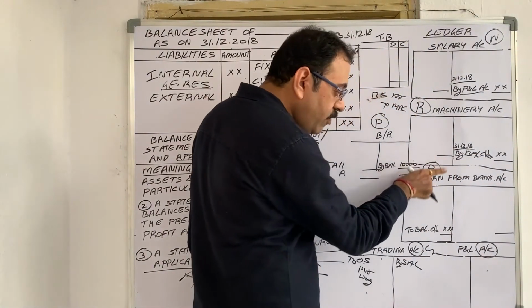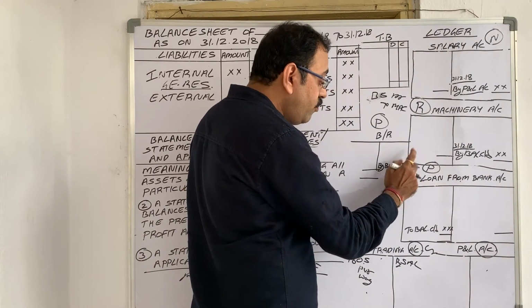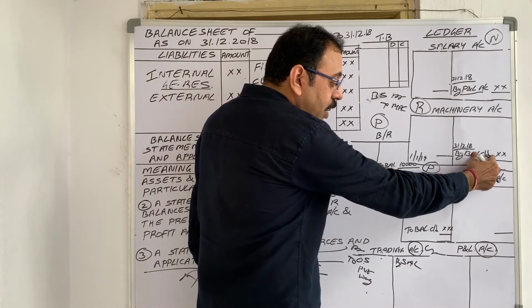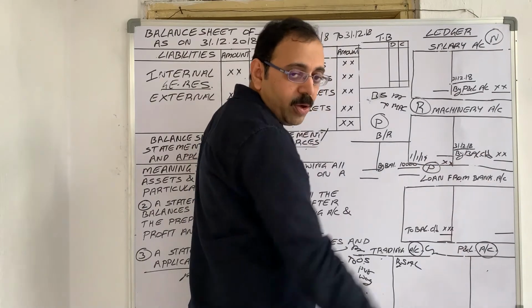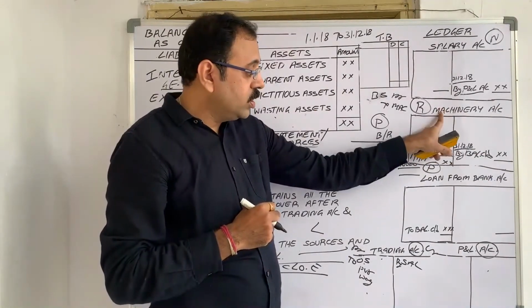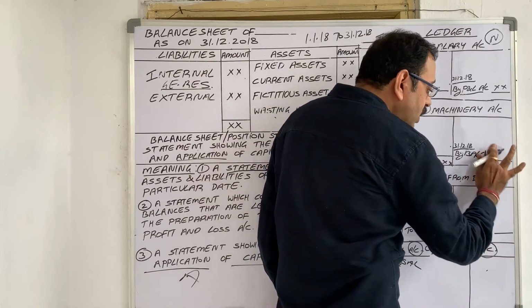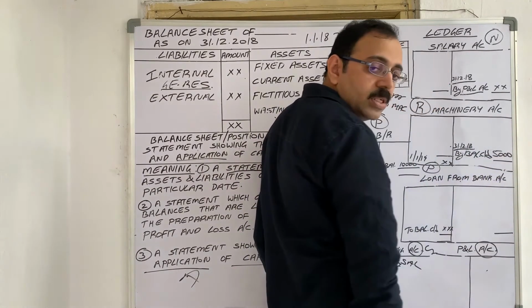And for the next year, when you are preparing the machinery account, what do we do? On 1st January 19, this balance carried down we directly bring here. What to write? To balance brought down. In the machinery account, on 31st December 18, the balance carried down amount is, assume, 5,000 rupees.